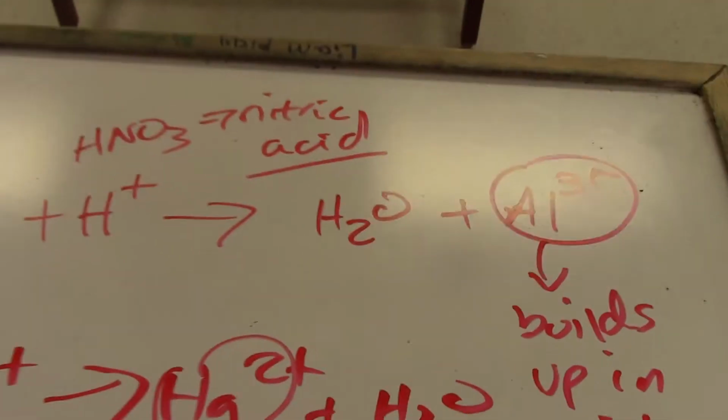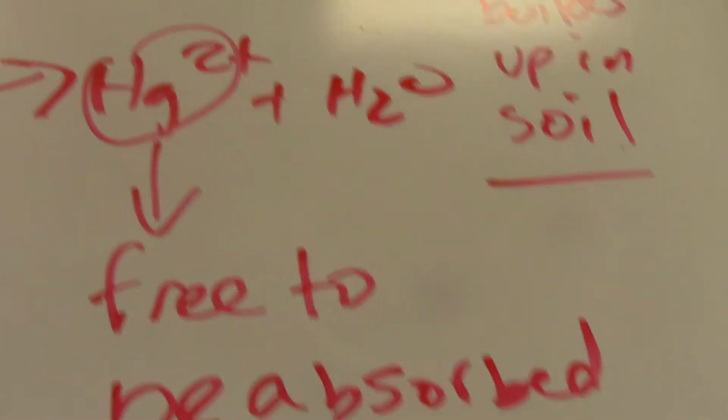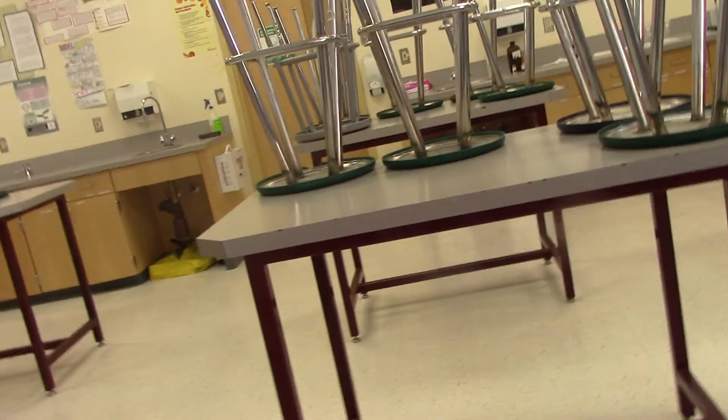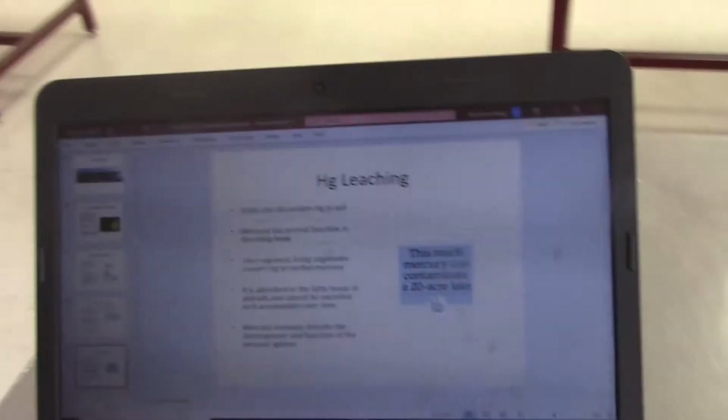So the mercury itself, once it's liberated, is free to be absorbed by organisms, and it's a neurotoxin and causes a ton of damage. So we want to try to avoid acid precipitation at all costs, right? For lots of different reasons.